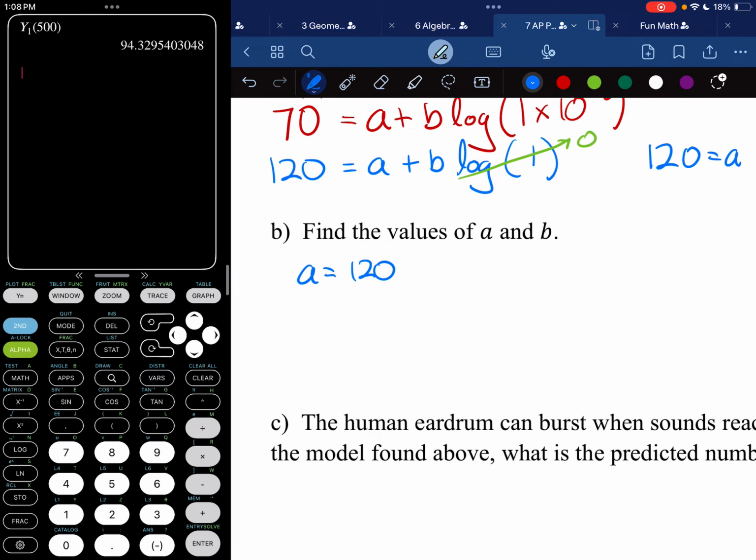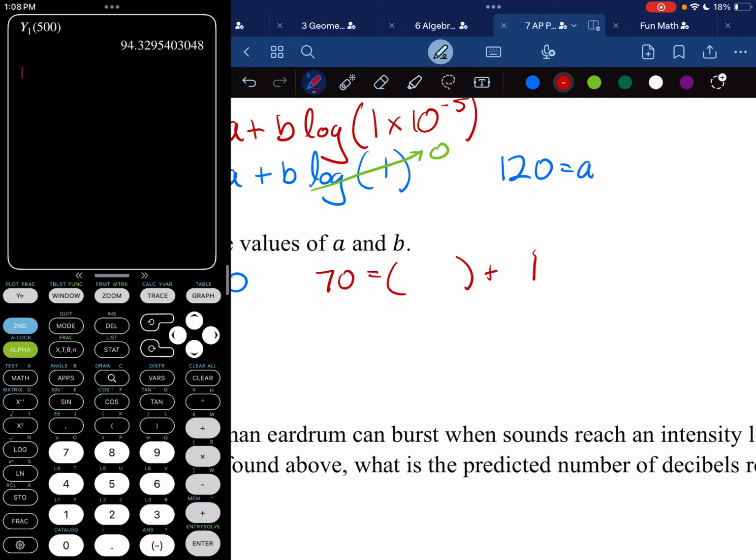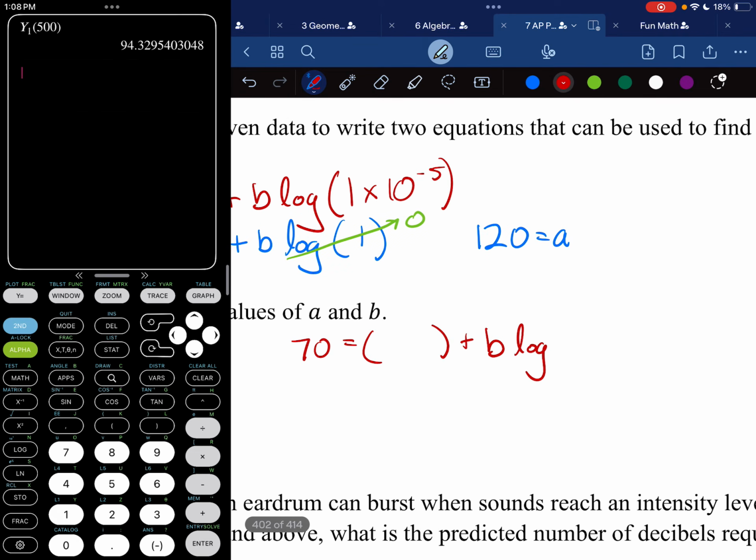And now I don't even need to do any sort of elimination. I can just plug this value of A into that value of A. Let me see what we get. We're going to get 70 is equal to A plus B log of 1 times, okay, I can simplify this one as well.